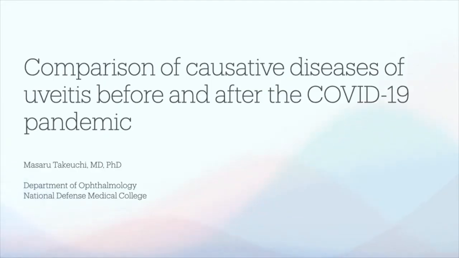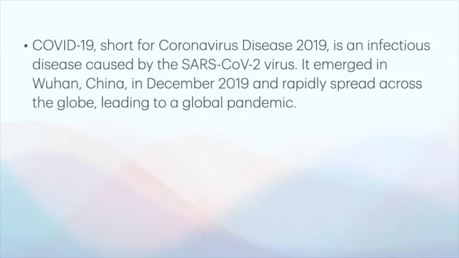Today, I'd like to talk about comparison of causative diseases of uveitis before and after the COVID-19 pandemic. COVID-19, short for coronavirus disease 2019, is an infectious disease caused by the SARS-CoV-2 virus.